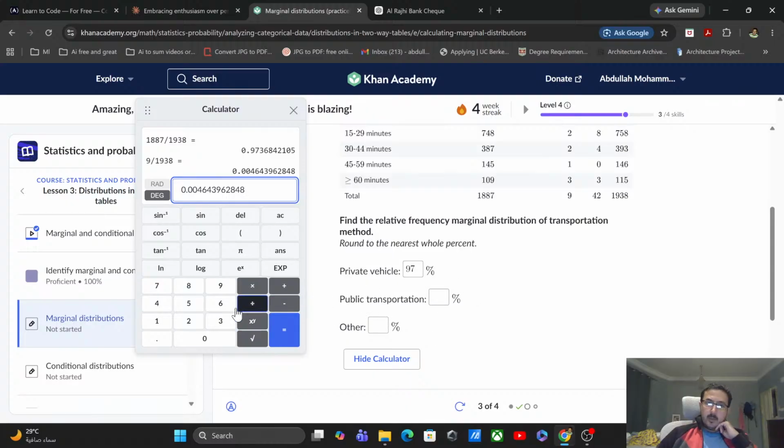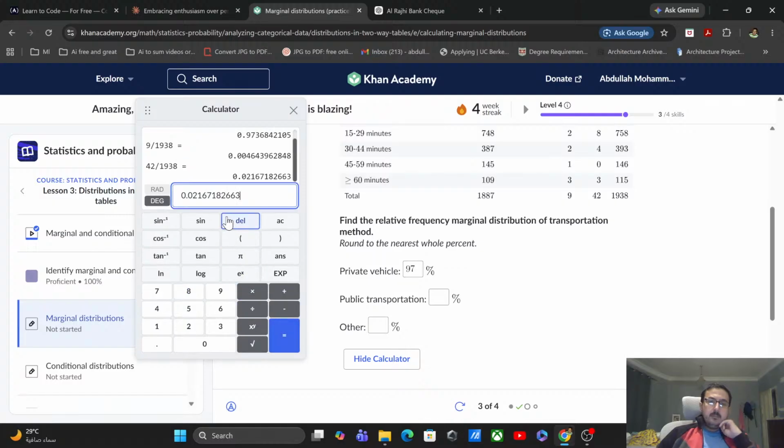Okay, 42 over 1938. Doesn't add up, am I correct? This is actually 2%, right?